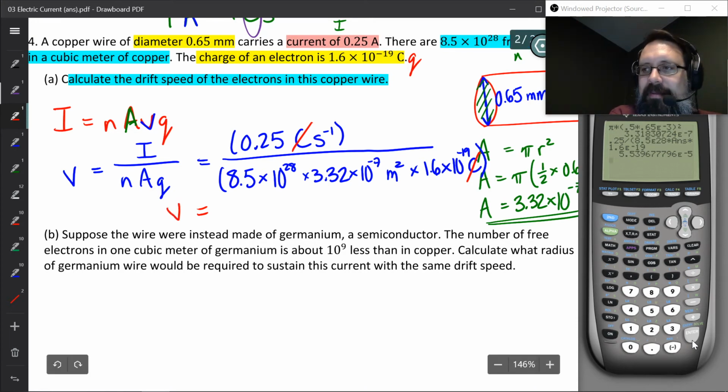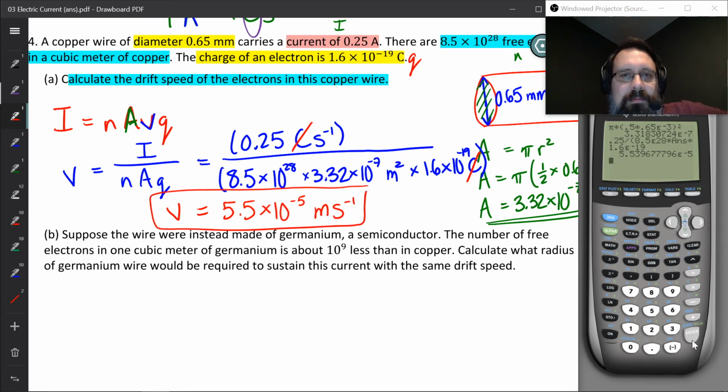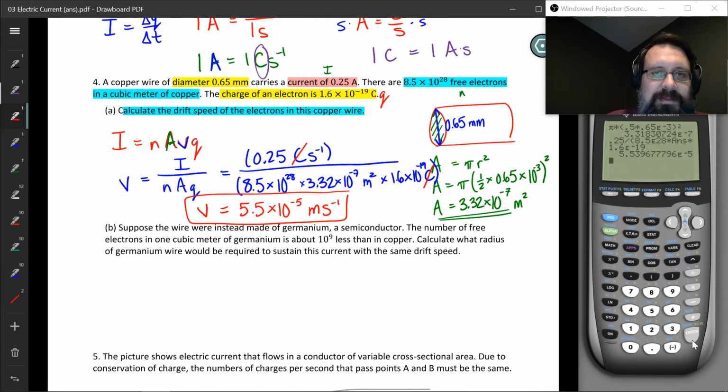So we get 5.5 times 10 to the negative 5 meters per second. What do you guys notice about that speed? Very slow. It's super slow, yeah.